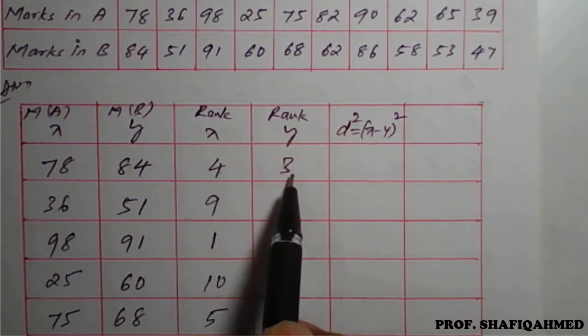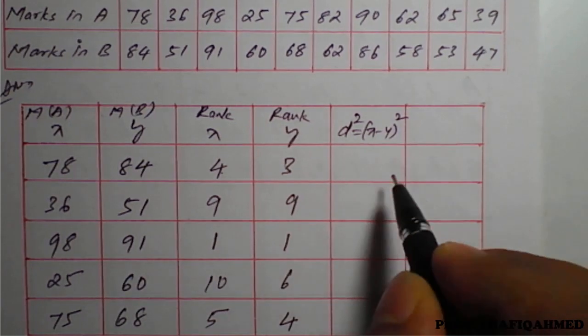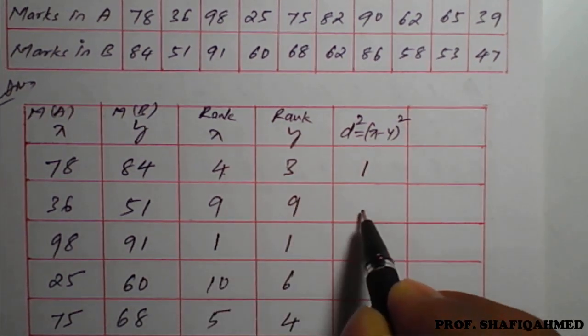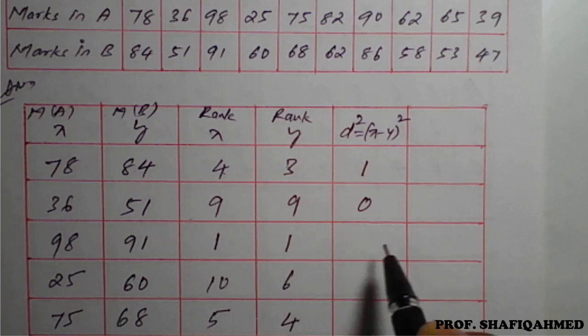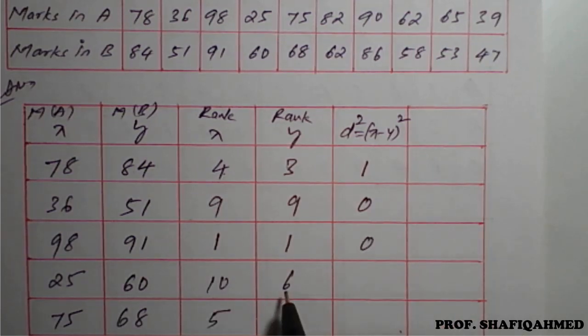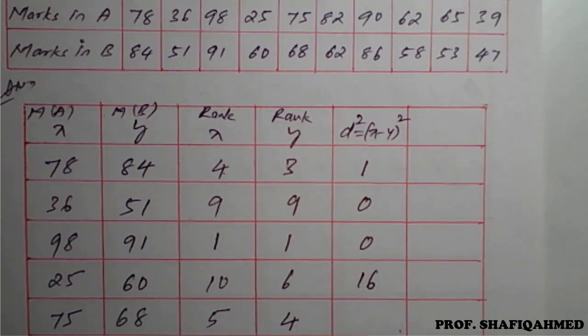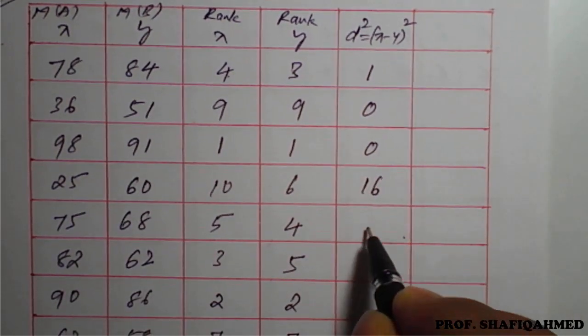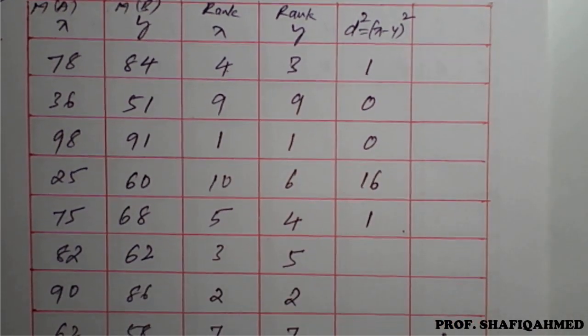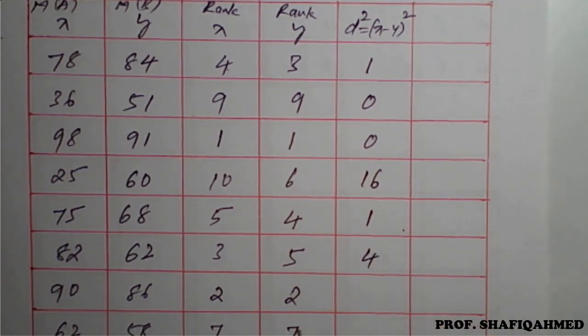So 4 minus 3 is 1, 1 square is 1. Then 9 minus 9 is 0, 0 square is 0. 1 minus 1 is 0, 0 square is 0. 10 minus 6 is 4, 4 square is 16. Then 5 minus 1 is 4, 4 square is 16... then 3 minus 5 is minus 2, square is 4.